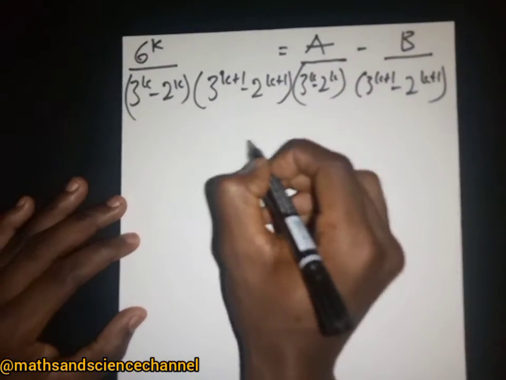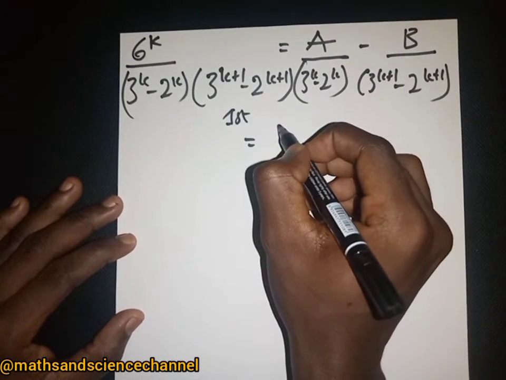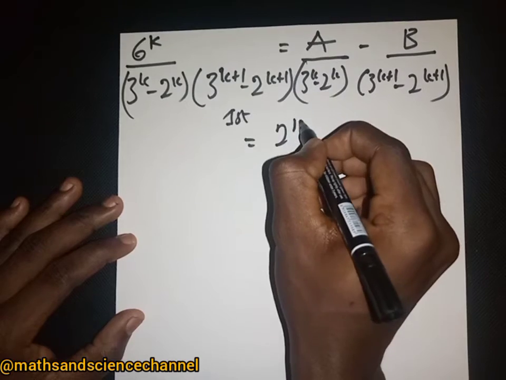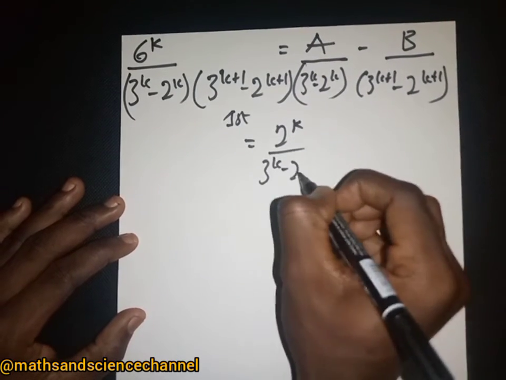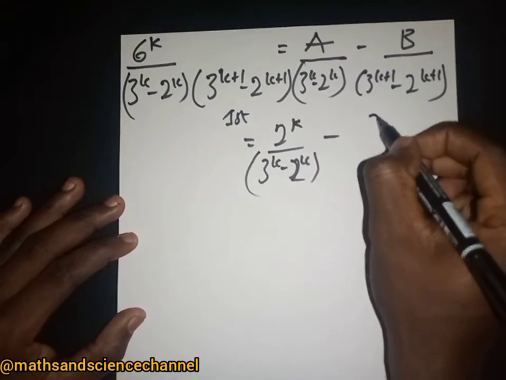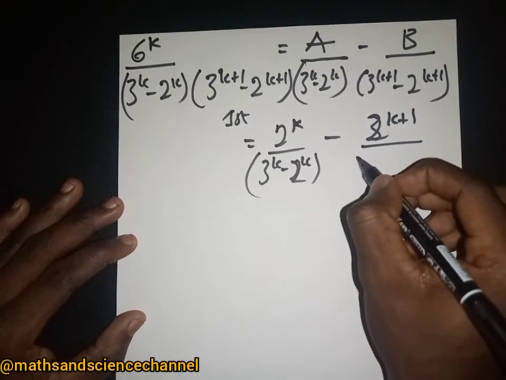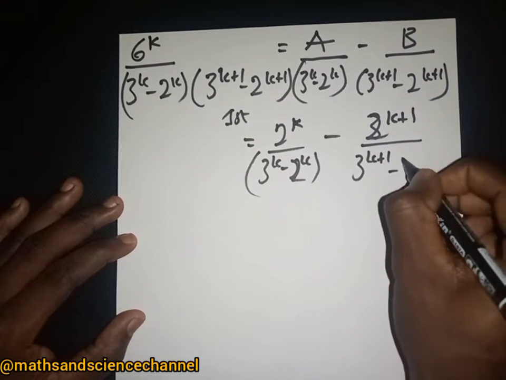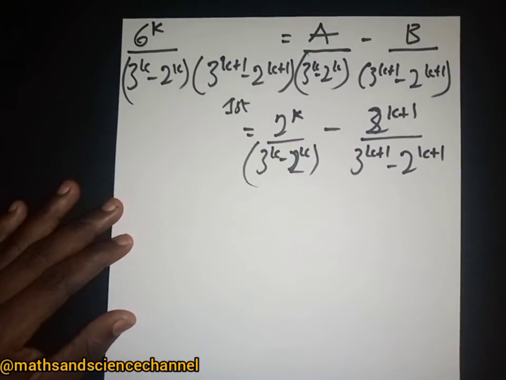So from here, since for the first part we had a to be just 2 power k, divided by 3 power k minus 2 power k, minus the b, we had 2^(k+1) divided by 3^(k+1) minus 2^(k+1), right.